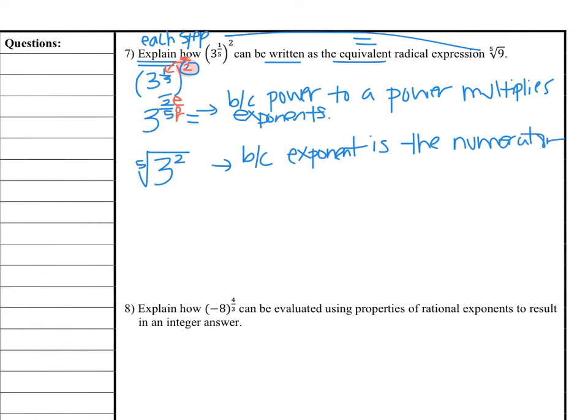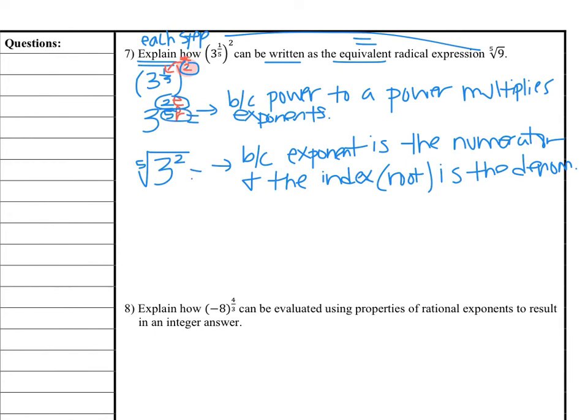So referring to this, the exponent is the numerator, and the index, or the root, is the denominator. Okay, so that was our index on the bottom, or the root is the bottom part.